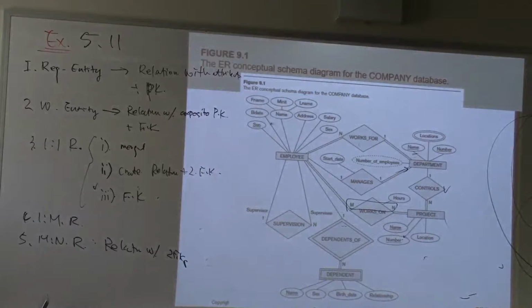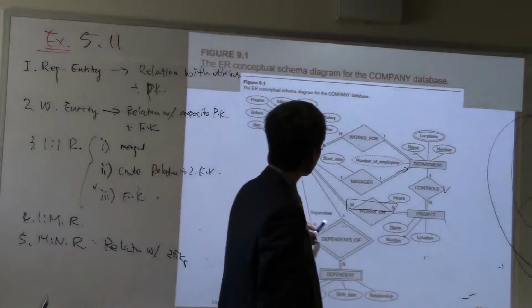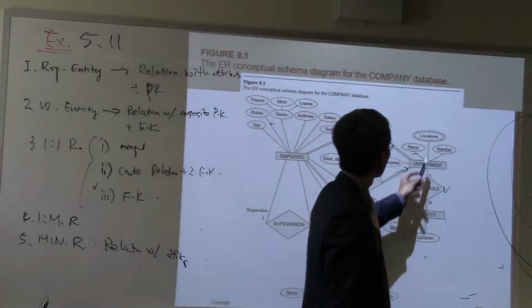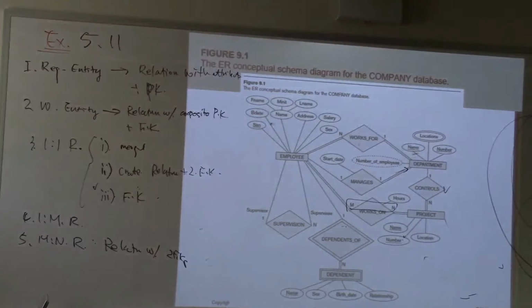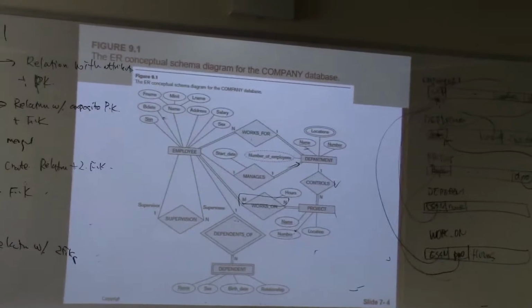So pretty much we create such a database model. Any miss? We did this one and this one. What about this? Double oval. Location. Can we put the location as an attribute like this one? No. Why? Because the relational model does not allow multi-value, only single value, atomic value.